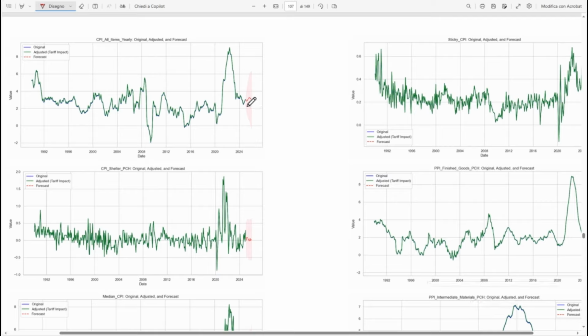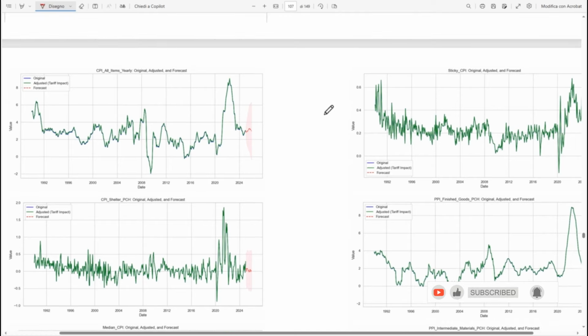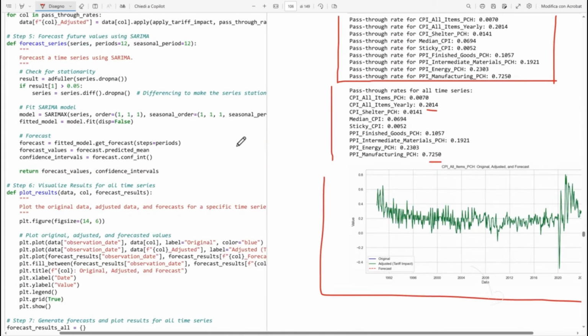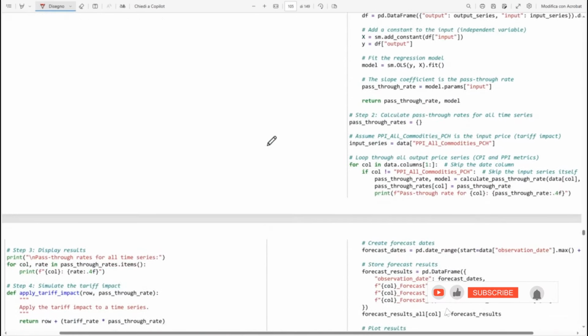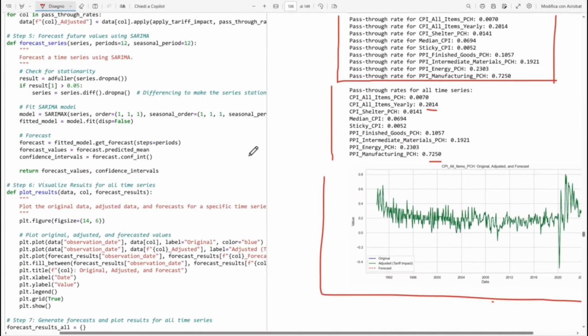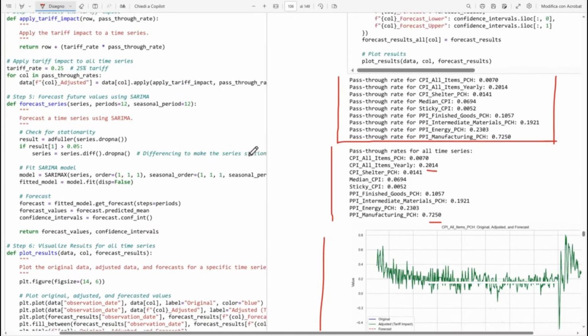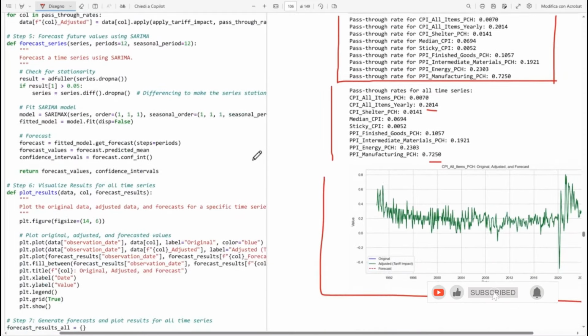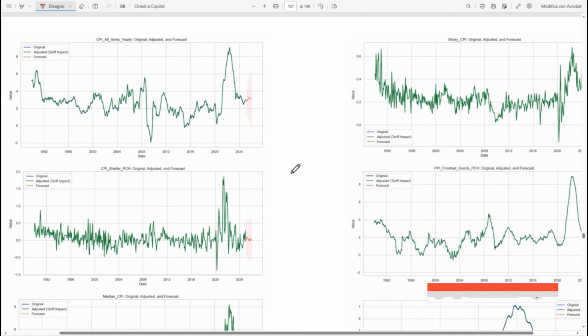Adjusting for tariffs, we see that CPI has a small decline in these months, but then it would pick up again going forward, because I think I specified in the code to start implementing the cost of the tariff starting from April, just to make it closer to the real environment.